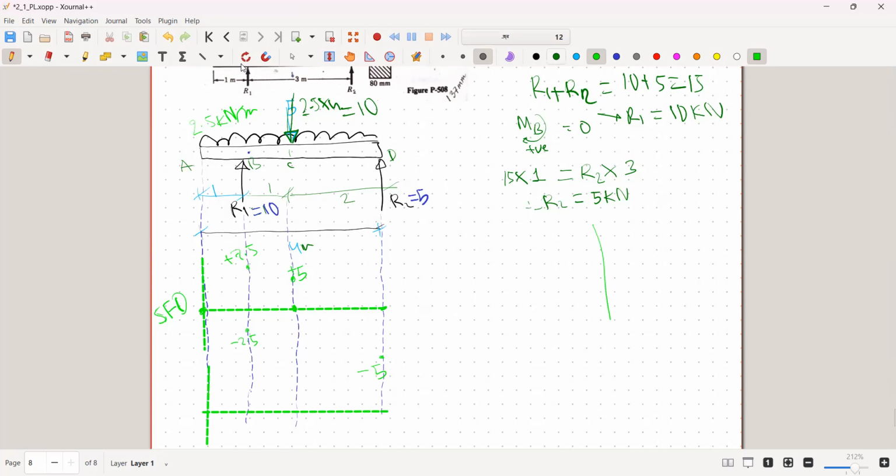Now we connect the lines. So 0 to minus 2.5, then 7.5, then 5, 0, negative 5. So this is our first value.